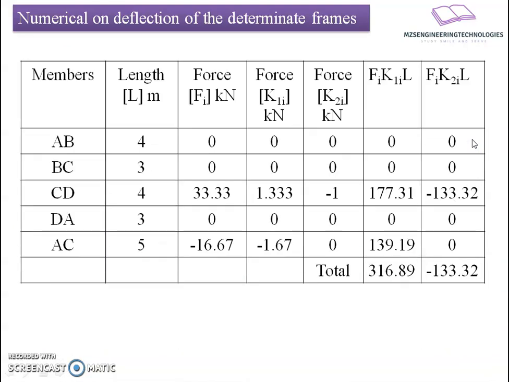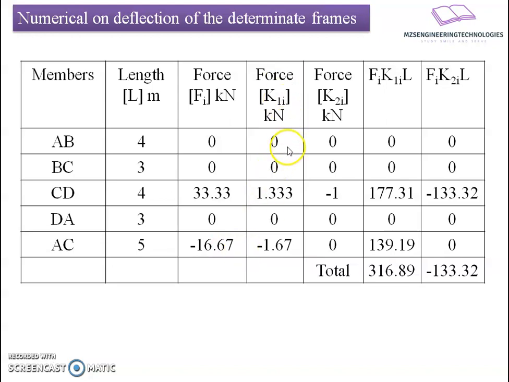I will substitute it into a tabular format where I will prepare a table first with member length, followed by force due to applied loading, force due to unit load in K1 analysis, K2 analysis, then the product. So I will put individual values here. AB length is 4 meter, BC 3, CD 4, DA 3, AC 5, and the forces in the members 0, 0, 33.30, minus 16.67.